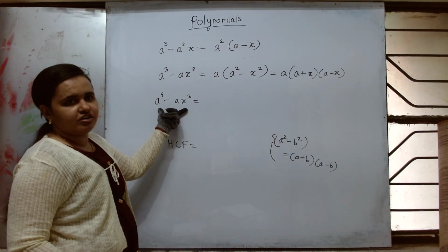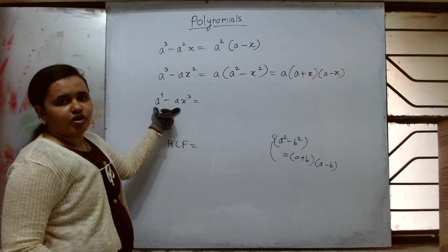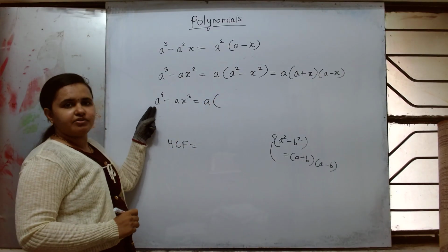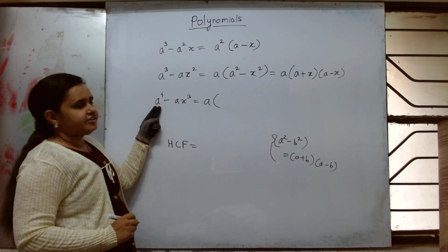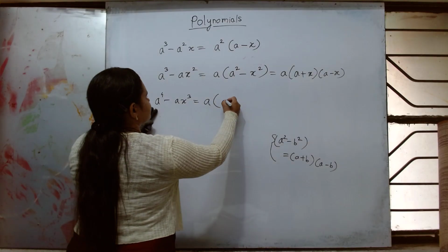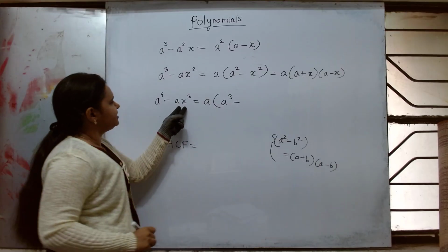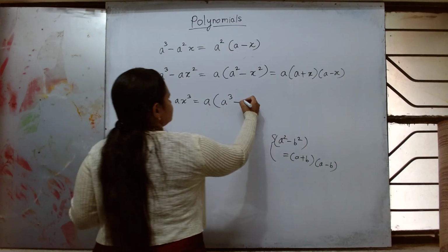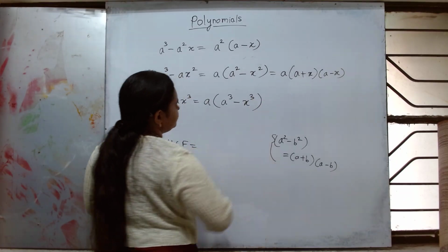Again in the third polynomial, we will take a common. So what will remain in the bracket? I have taken 1 a common, so a cube minus x cube remains.